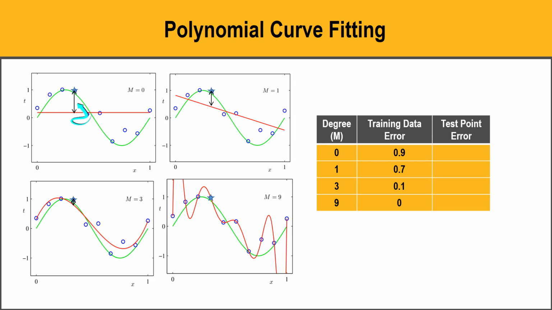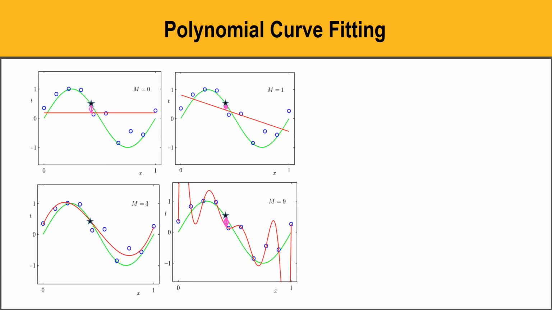The arrowhead is shown here. Similarly, when m is equal to 1, the error between this training data and our fitting model is 0.7. When the degree increases, m equal to 3, the error has reduced to 0.1. And when m is equal to 9, it is a perfect fit and the error is 0.